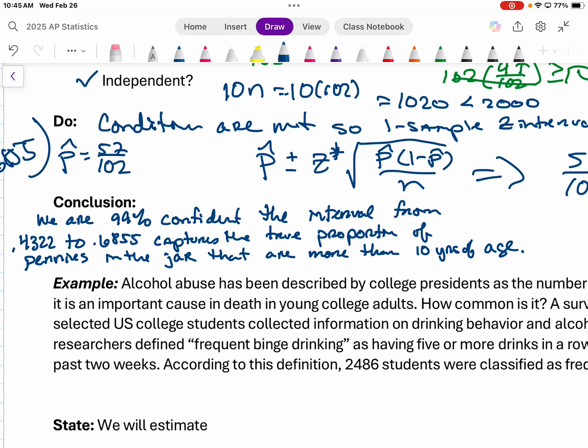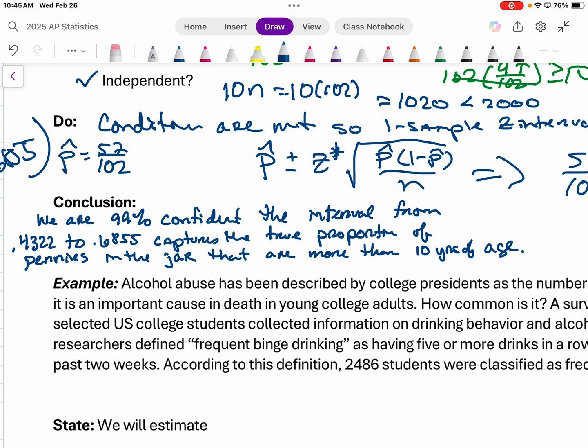Just a confidence interval. In Unit 7, when we were doing some of the proportion work, we were given the population proportion. So we knew what P was, whereas now we don't really know what P is. And so that's why we're using a P hat, a sample proportion, to estimate what proportion is the true population.